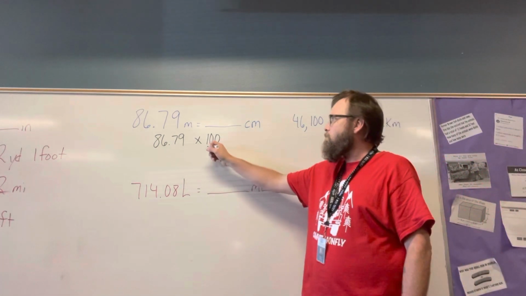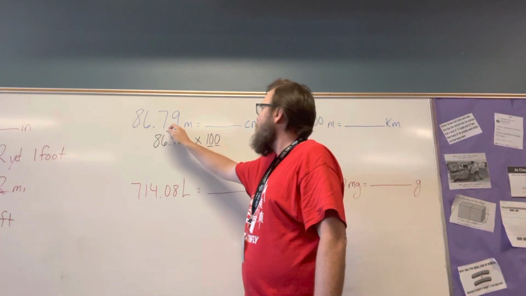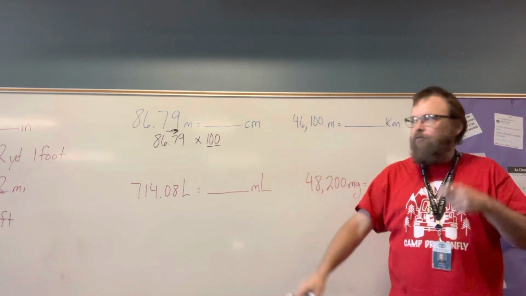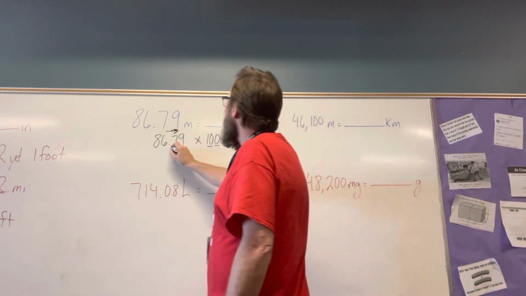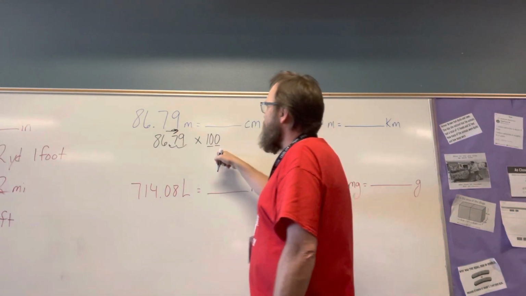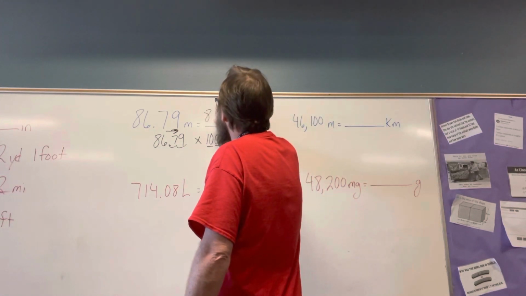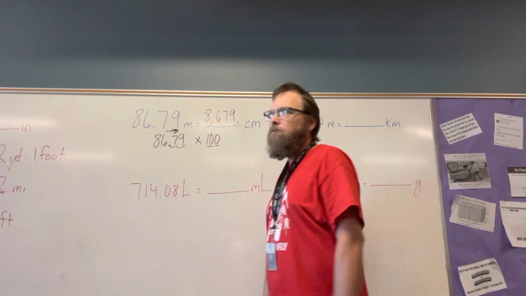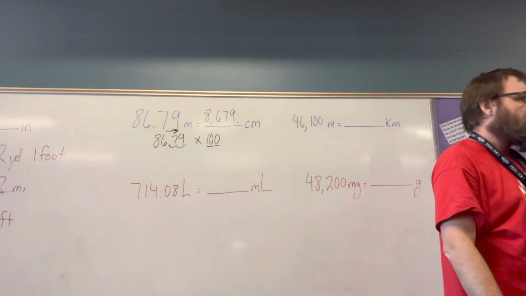So I have to move my decimal point this way to make it bigger. I have to move it that way twice. Once, twice. Because I'm multiplying by 100. So I have 8,679 and my decimal point goes there.